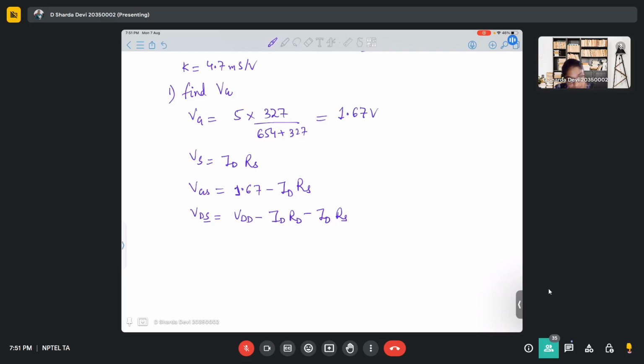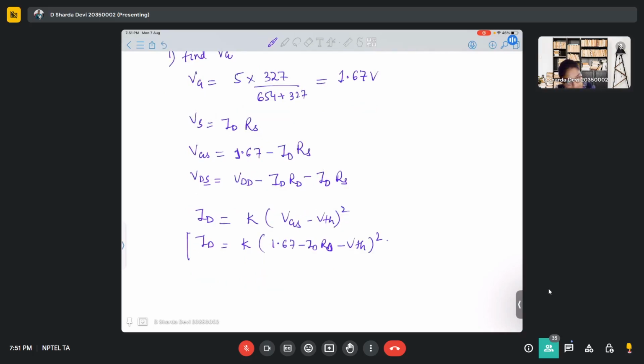We know VGS, we know ID. What is ID? It is K times VGS minus VTH whole square. So ID is K times 1.67 minus ID RS minus VTH, whole square.